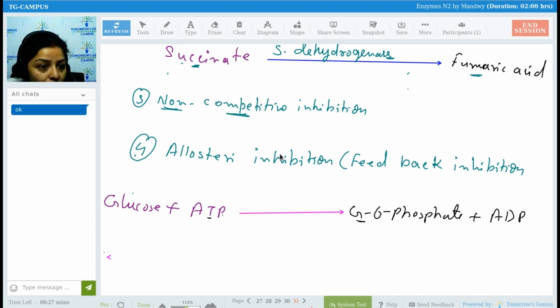So it will become glucose 6 phosphate. Clear? And this reaction will take place in the presence of the enzyme hexokinase.